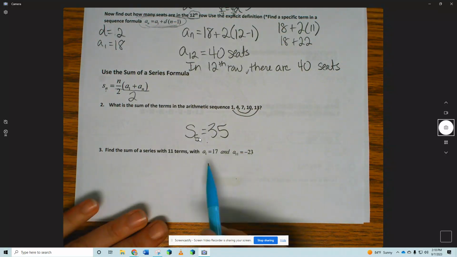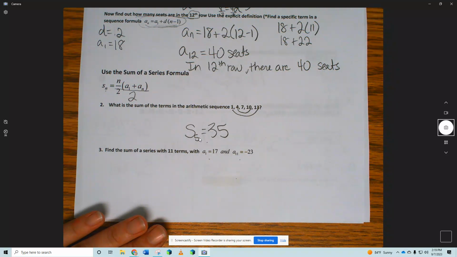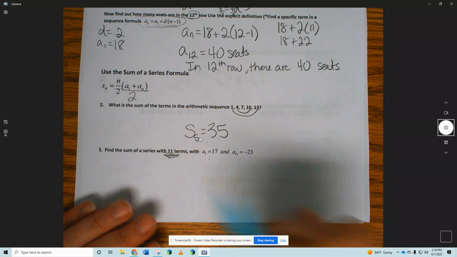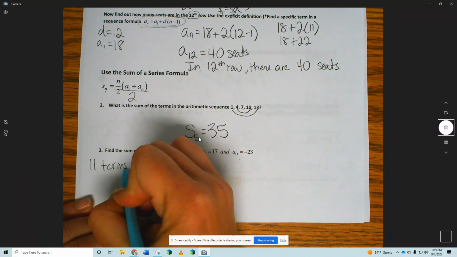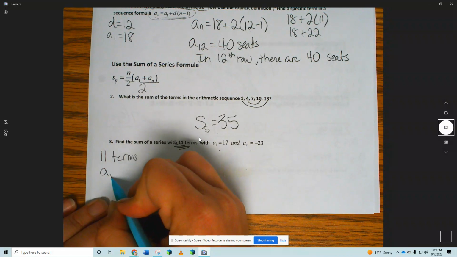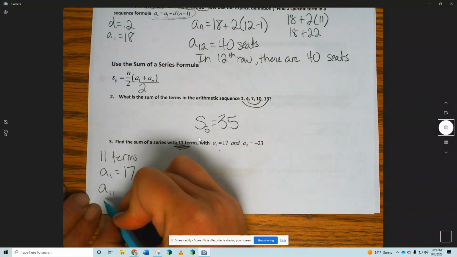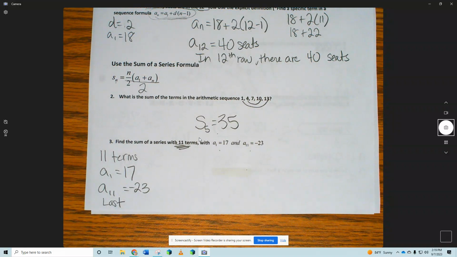Next, I give you a sub 1. I want you to find the 11th term. Oh, it's negative 23. Sorry. So, what do we need to know? There are 11 terms. The first term is 17. The last term is negative 23. You need to use the sum formula from above for this one. Find the sum. Add them all together.